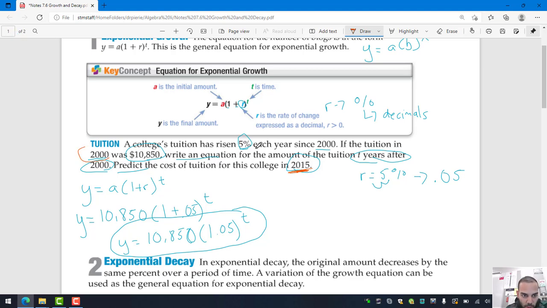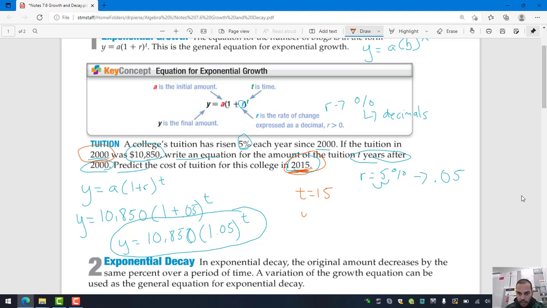My starting year was the year 2000, and my final year, the year I'm trying to solve for, is 2015. So I ask myself, how many years passed between 2000 and 2015? That's 15 years, so the value I'm going to plug in for t should be 15.